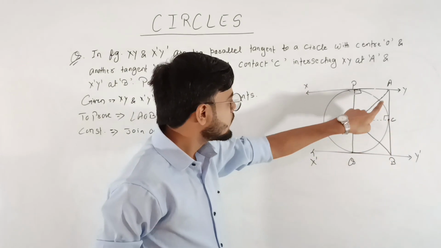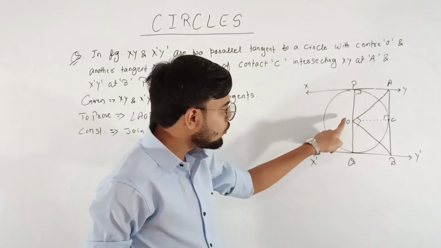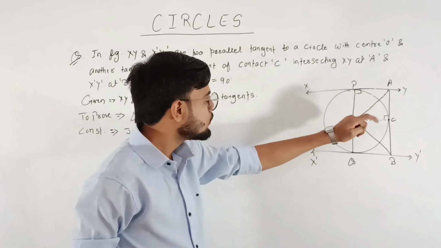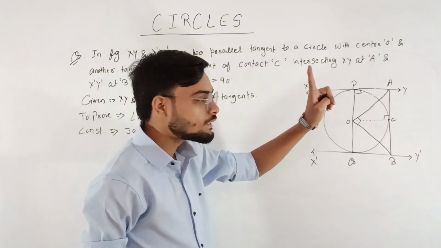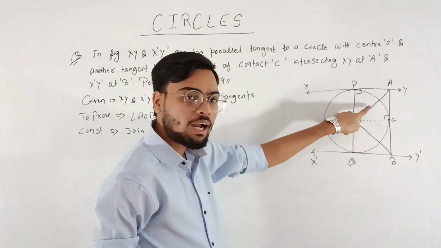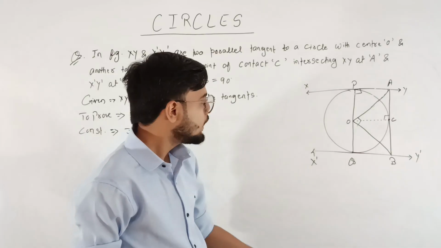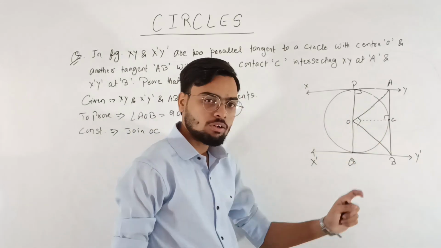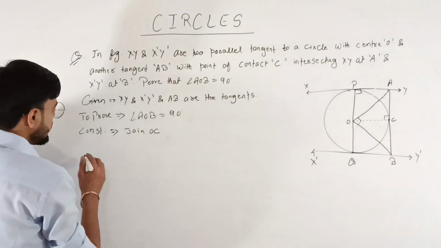Now hypotenuse, RHS. AO is common for these two triangles, so write hypotenuse. Now one side, OP is radius, OC is radius, so write side. So by RHS these two triangles are congruent, and similarly by RHS these two triangles are congruent.